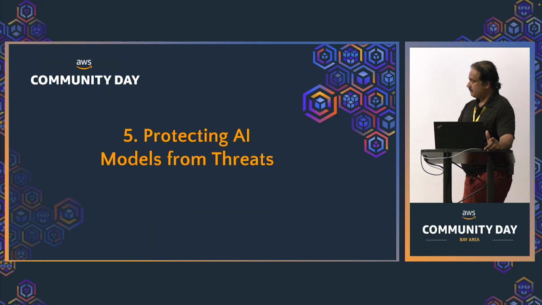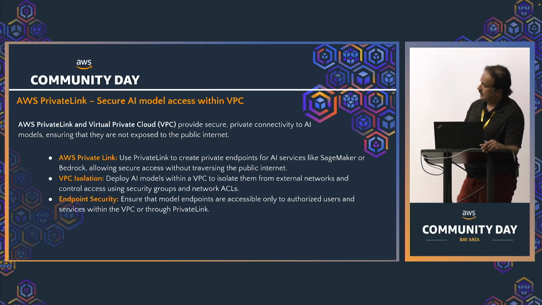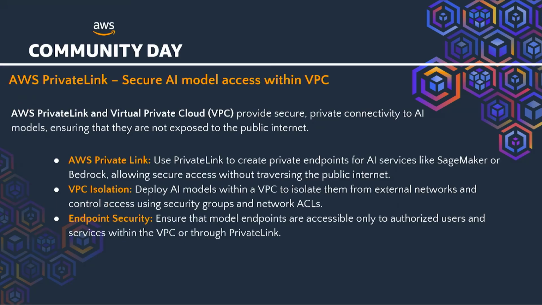Protecting AI models from threats. This is the most secure way of doing things. You can use AWS PrivateLink, and also you can use VPC isolation.